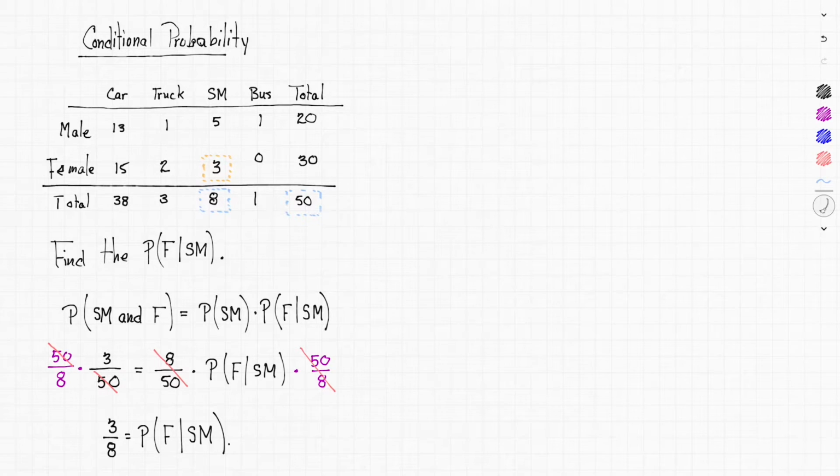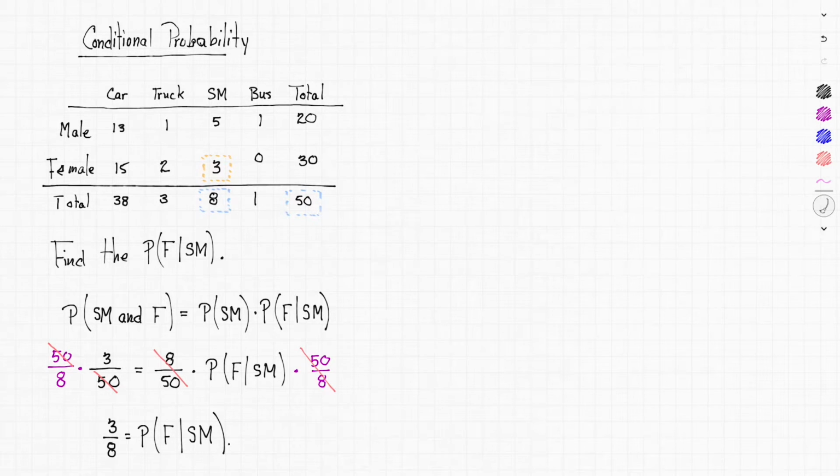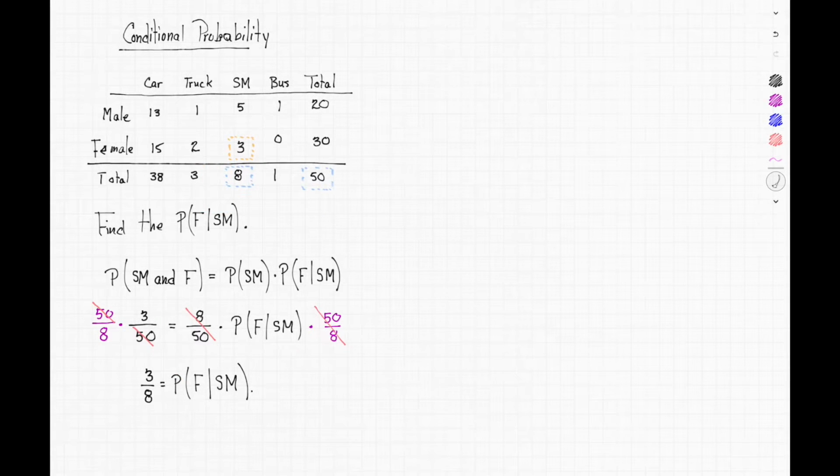Now, let's look more closely here. Look at this 3 out of 8. The first thing this problem did is it started with restrict yourself. The condition is the restriction of SUV or minivan, folks. So that's this pink column here. And notice that there are 8 people in that category.